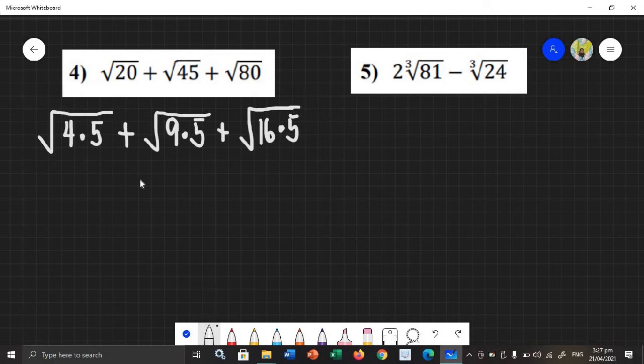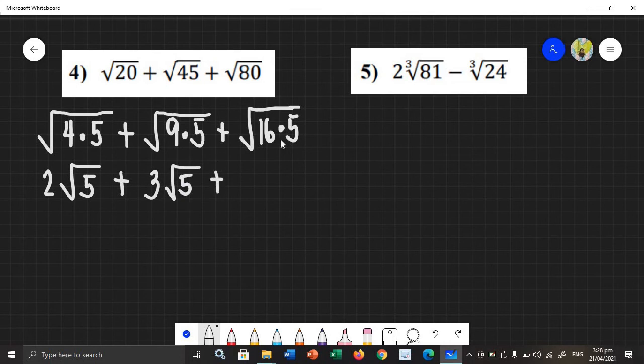Next, what will happen is we need to simplify each radical. So, sa una, we have square root of 4 that will result to 2. And then, rewrite natin si square root of 5. Plus, square root of 9 is 3. And then, rewrite natin si square root of 5.